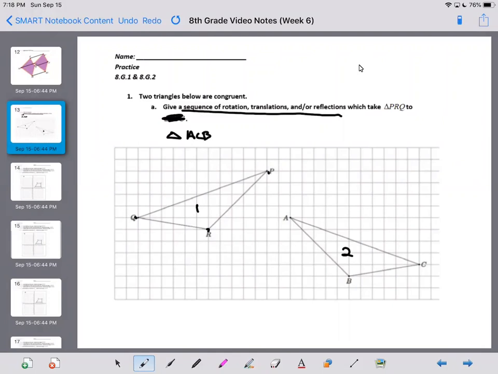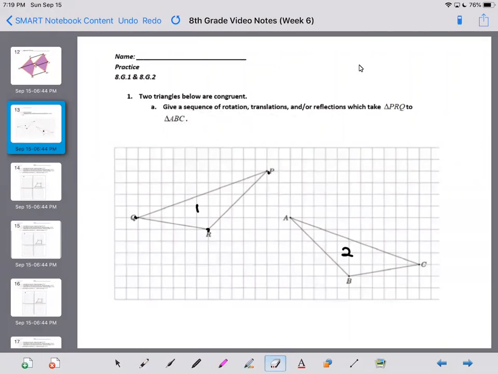So C is my vertex that we're talking about. I said PRQ, so I've got to label it ABC, and I think that's what I had originally. Yeah, that's what I had originally.